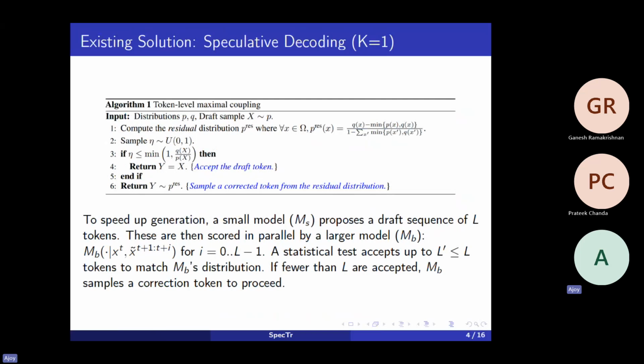So basically the technique is you take a context and put it in the smaller model and generate some tokens of fixed length, and put the whole of the generated tokens along with the existing context into a larger model, and then you sample the tokens from the tokens generated by the smaller model using this technique such that the sampling is effectively a sampling from the larger model.